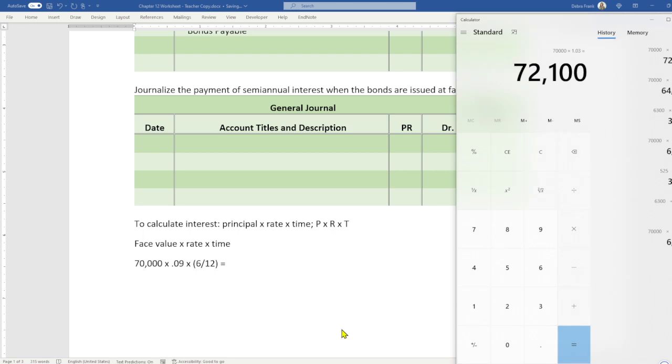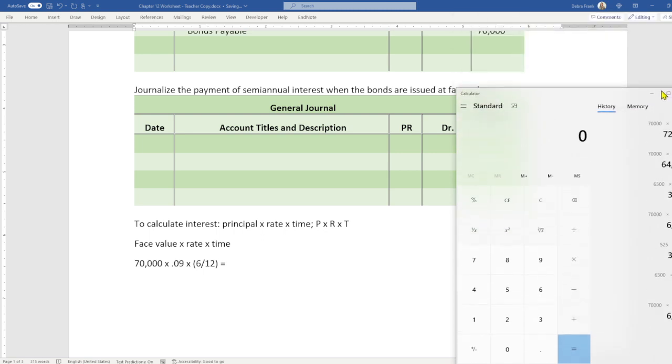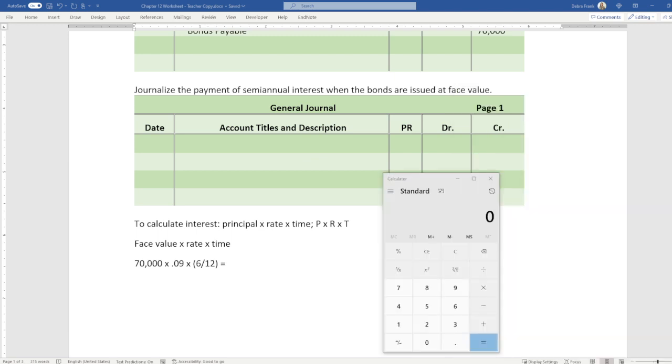And so we'll do a little bit of math to get that. Let's go ahead and clear that out. All right, so that calculator's fixed now. Let's go ahead and go 70,000 times our 0.09 rate times 1/2, right?